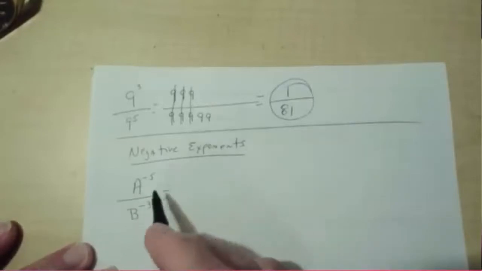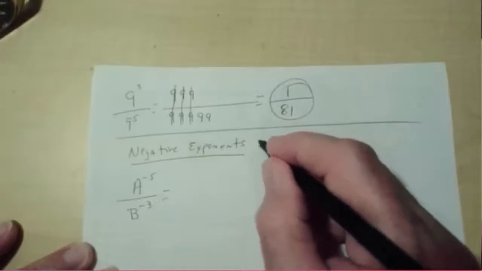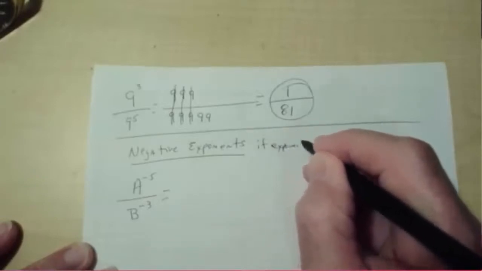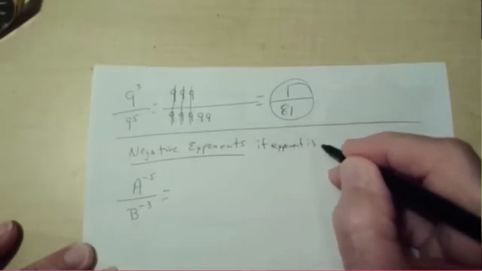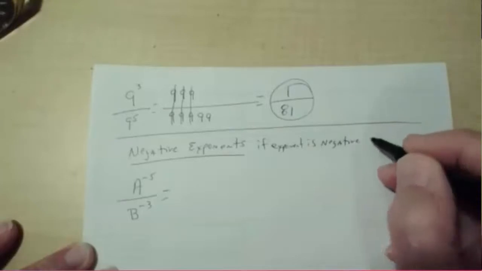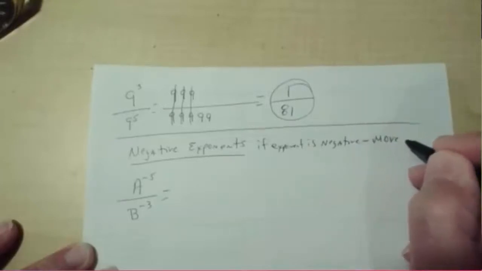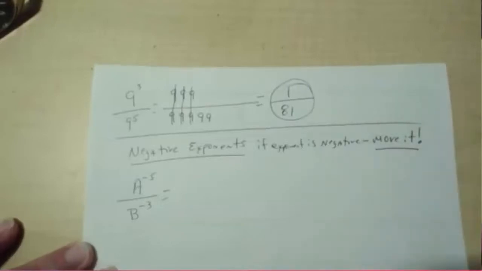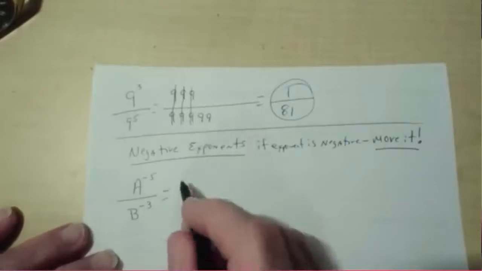However, with negative exponents, if the exponent is negative, move it. Where do we move it?